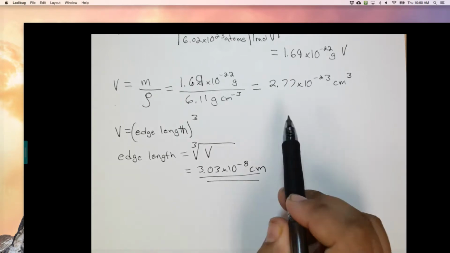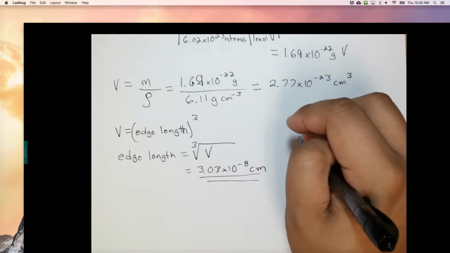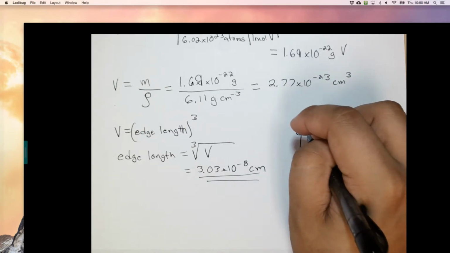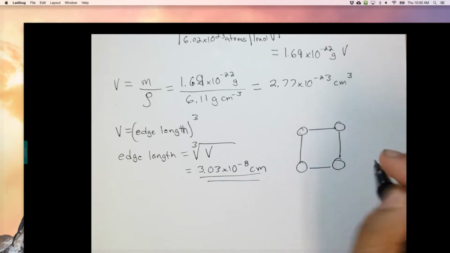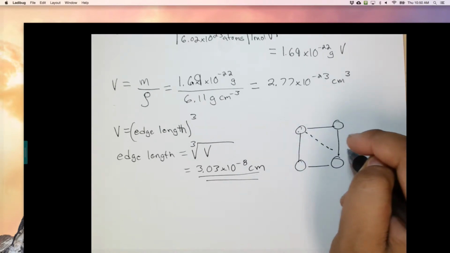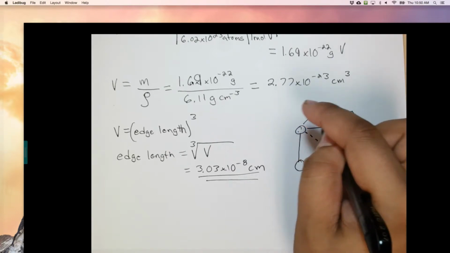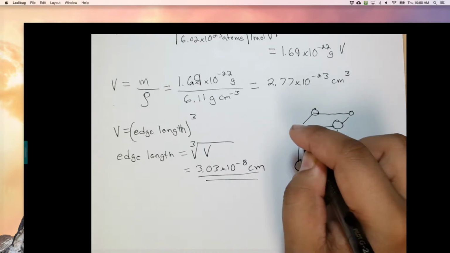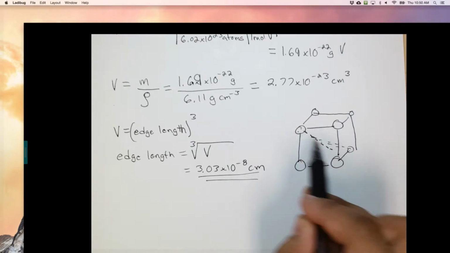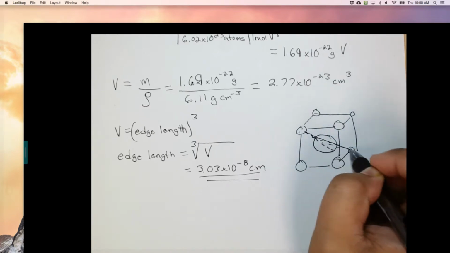To determine the radius, we need to take a look at the unit cell and realize, and I'm going to draw this as best possible, that the distance across the diagonal within the cube, from this end to the back atom, and I'm sorry for drawing this a little skewed, involves the touching of 3 atoms.